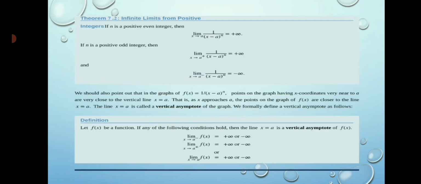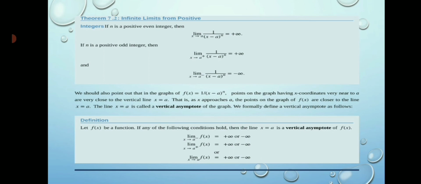So theorem 7.2, infinite limits from positive integers. If n is a positive even integer, then the limit as x approaches a of 1 over x minus a raised to n is equal to positive infinity.